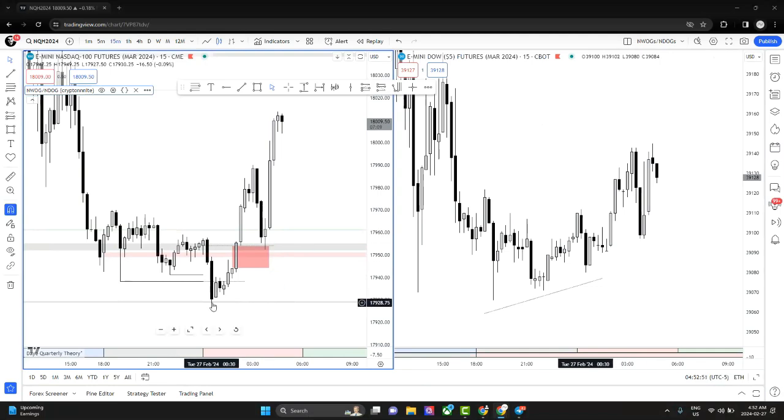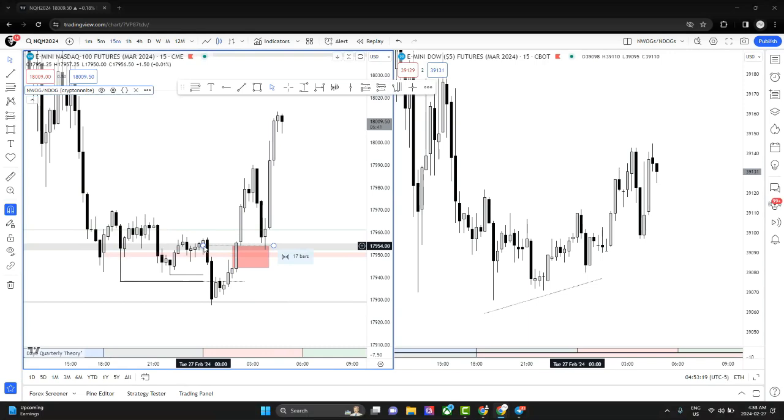Just look at this. Look where we had this low form right here. If you're really cheeky, you could literally go in right here and look for an entry. So we had price trade below sequential SMT on the new day opening gap, then price traded above, right? Drop back, dip a bit below the new week opening gap, right?